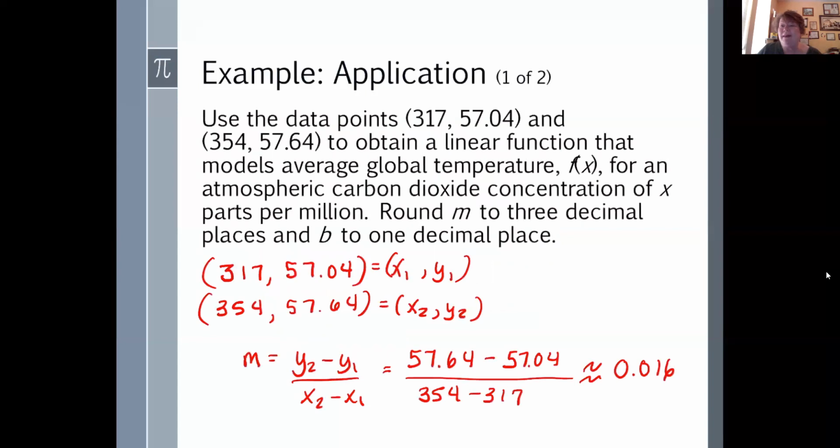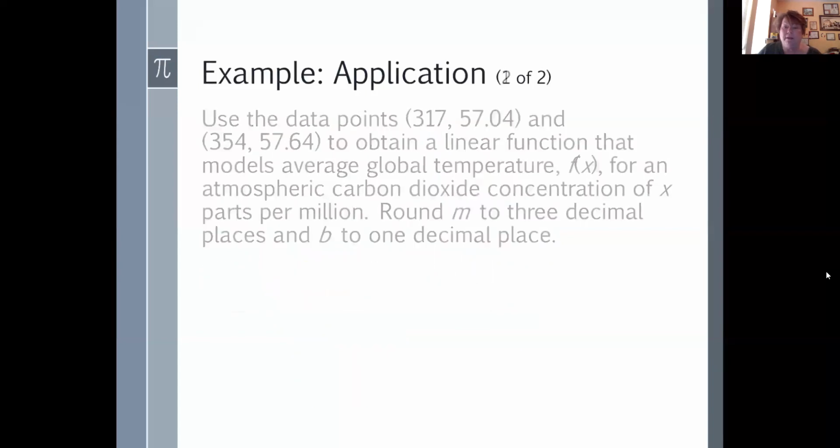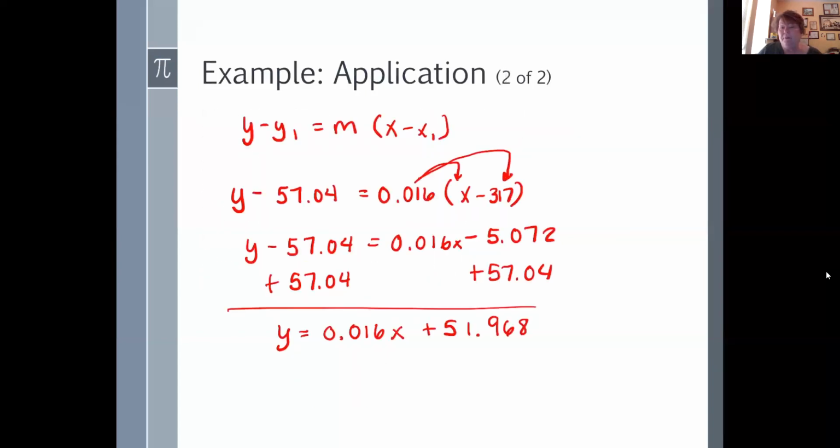And they told me to round the y-intercept, b, to 1 decimal place. So if I round the second number, the b, to 1 decimal place, you look one number to the right, that's 6, that's bigger than 5.